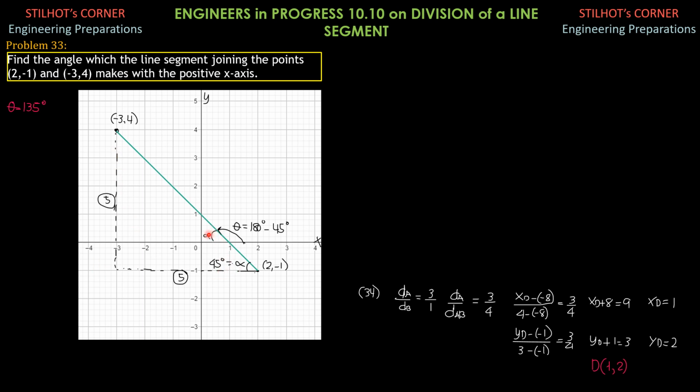Then if that's 45 degrees alpha, from the positive x-axis this line makes an angle of 180 degrees minus alpha, 180 degrees minus 45 degrees. So that's why it is 135 degrees. That is in the counterclockwise direction, and counterclockwise is positive.